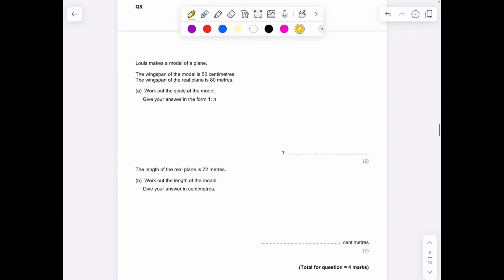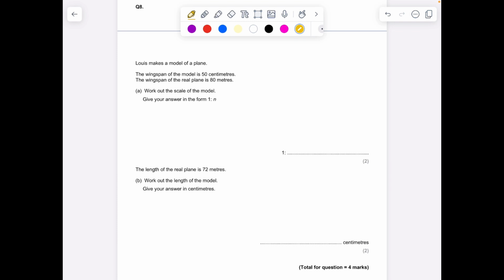Okay, on this one, we are looking at the scale of the model. So the wingspan is 50 centimetres. The wingspan of the real plane is 80 metres. Now remember, to do a ratio, you have to make both the units the same. Okay, so I'm going to make them both centimetres, okay?